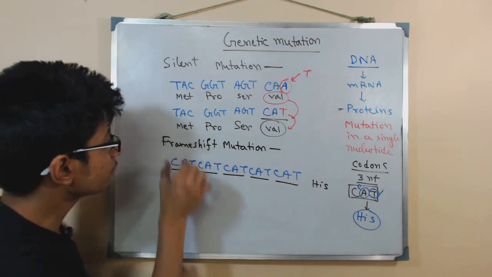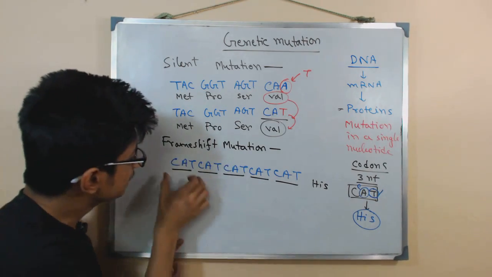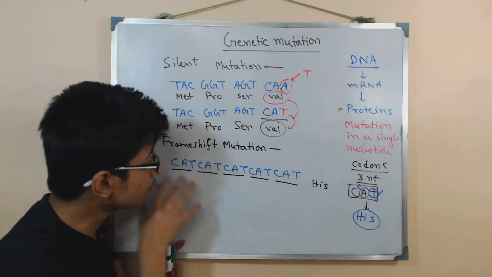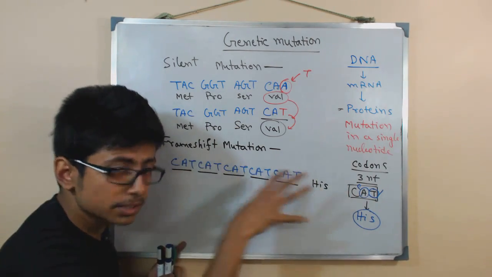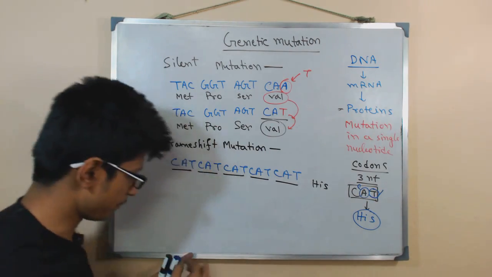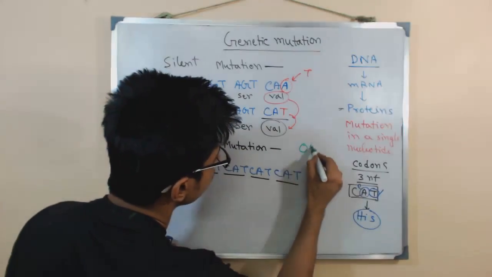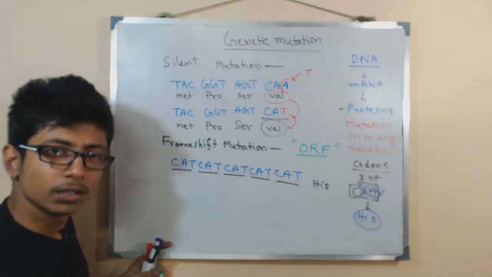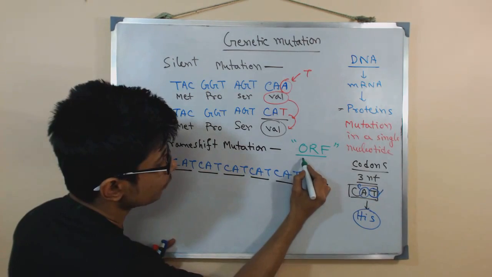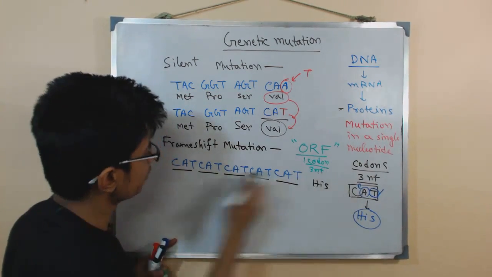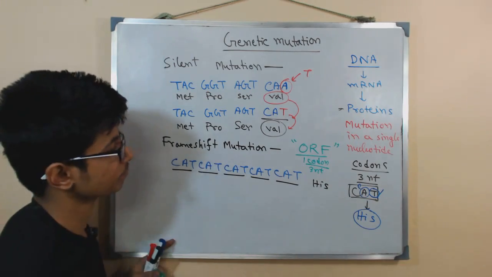Now what happens in a frameshift mutation? Each codon, during transcription and during the translation process, the protein synthesis process, acts as an open reading frame. They are called open reading frame or ORF. Each ORF consists of one codon, and one codon means a three nucleotide sequence, which is here CAT.